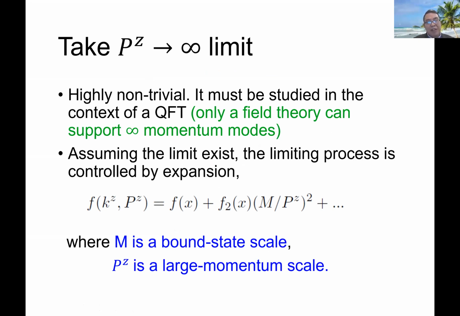But let's assume that limit exists. In fact, I will tell you later that this limit is actually quite subtle in the context of field theory. Let's assume that this limit exists, and we can calculate at a large, but not infinite, momentum.